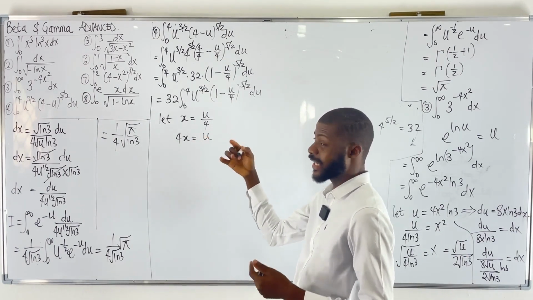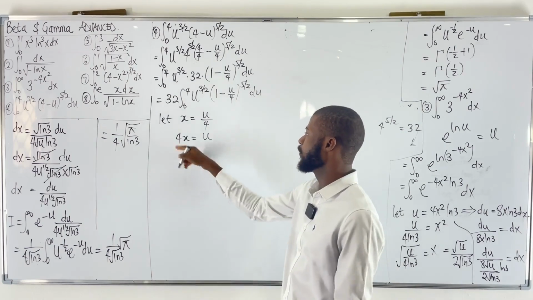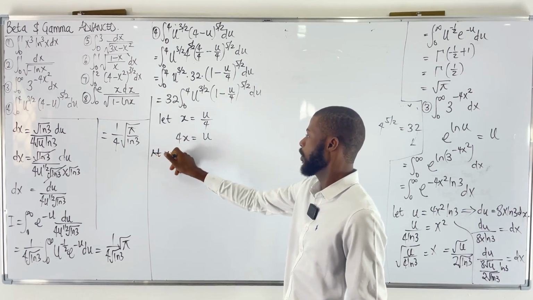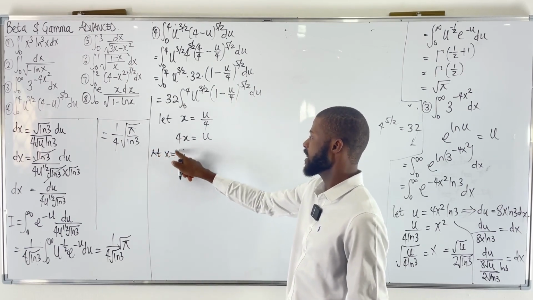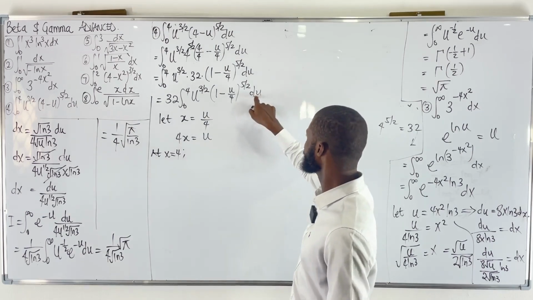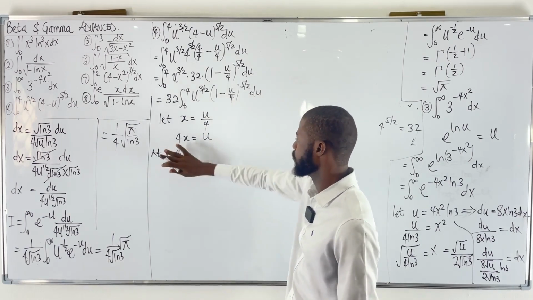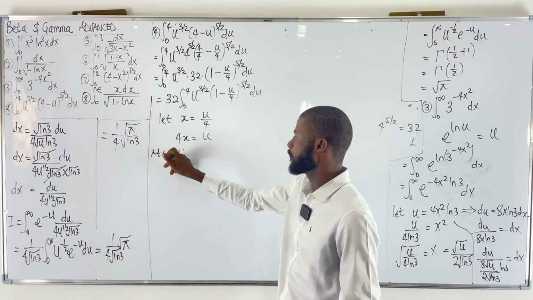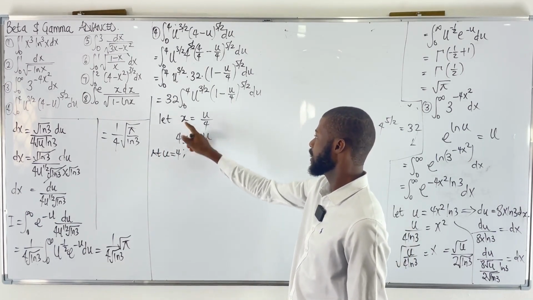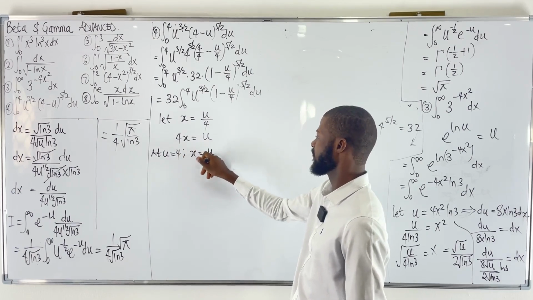Now, what would I do next? I can say that, let me look for the limits first of all. So at x equal to 4, that's the upper limit. Oh, sorry, this is with respect to u. So at u equal to 4, this means that x is actually u over 4.